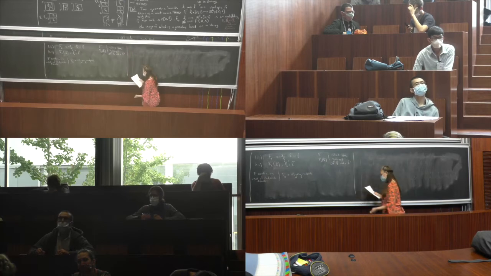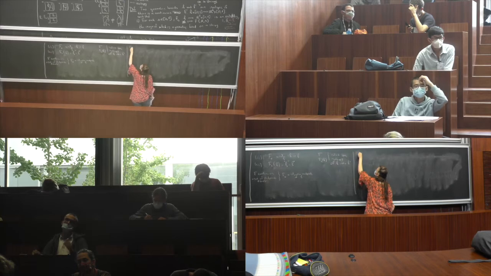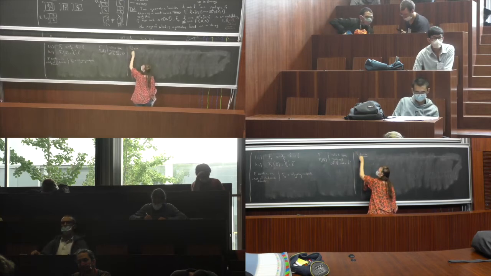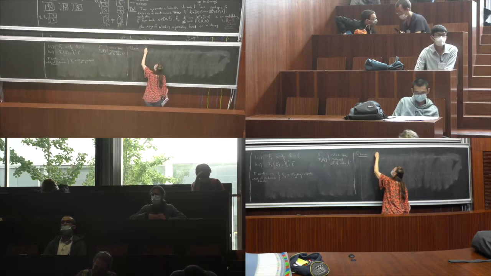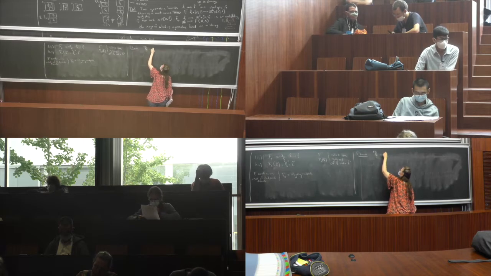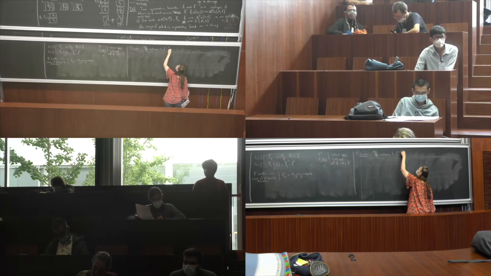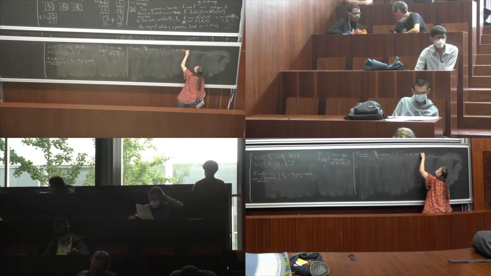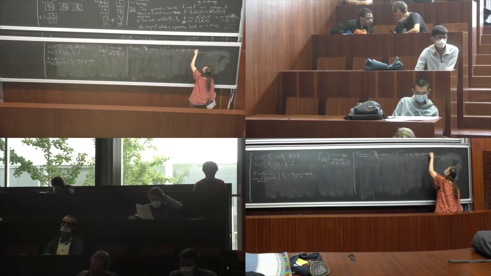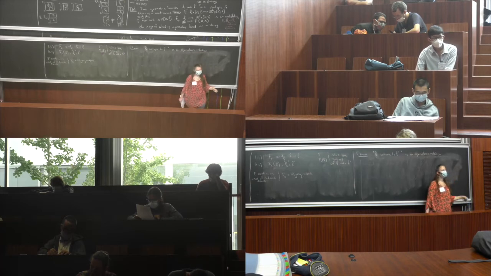So let's wake up from our definition a bit more. B isotopic to B prime is an equivalence relation. What do I have to check?